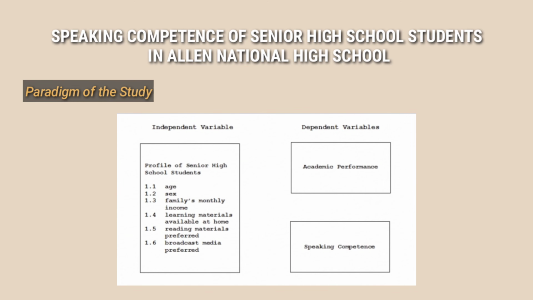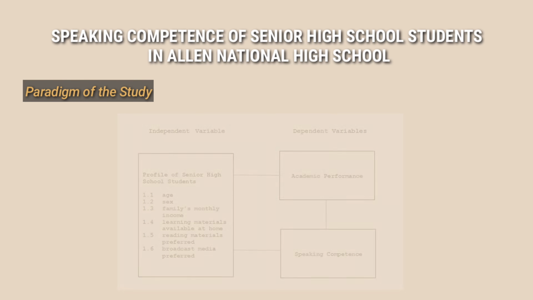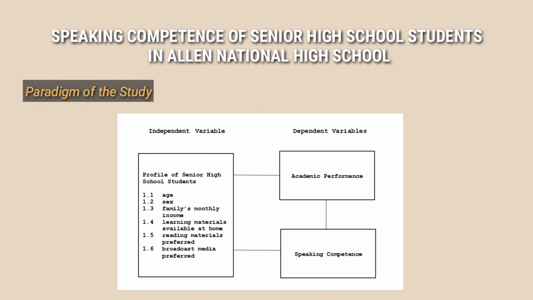Meanwhile, the third box indicates the third question. And these lines signify correlation and questions 4, 5, and 6. That is the paradigm of the study for the sample research title and statement of the problem.